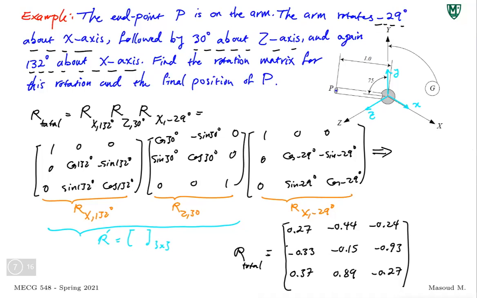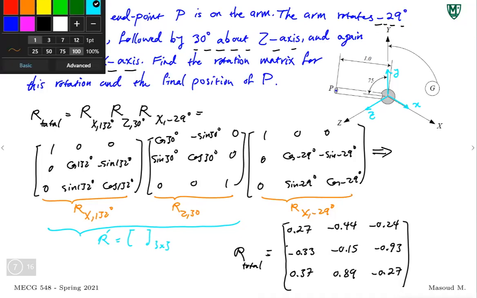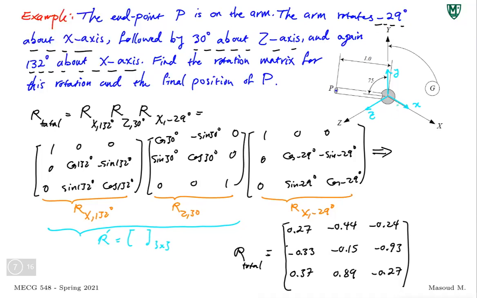So what are the local coordinates, or R P in the local coordinate system? We know that X is equal to 0. X is equal to 0, exactly.